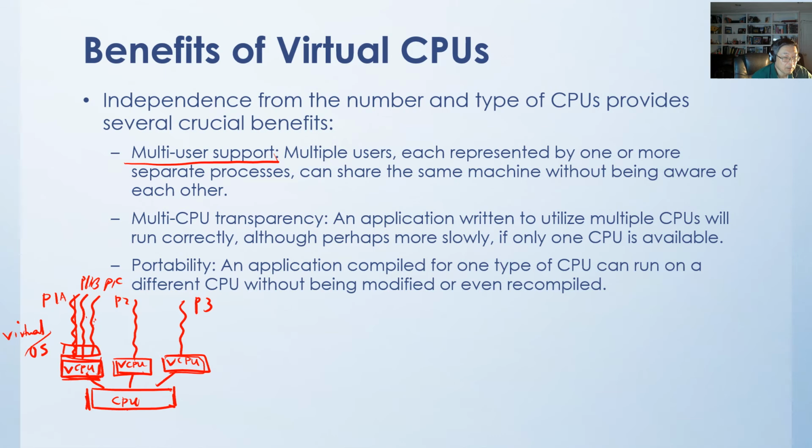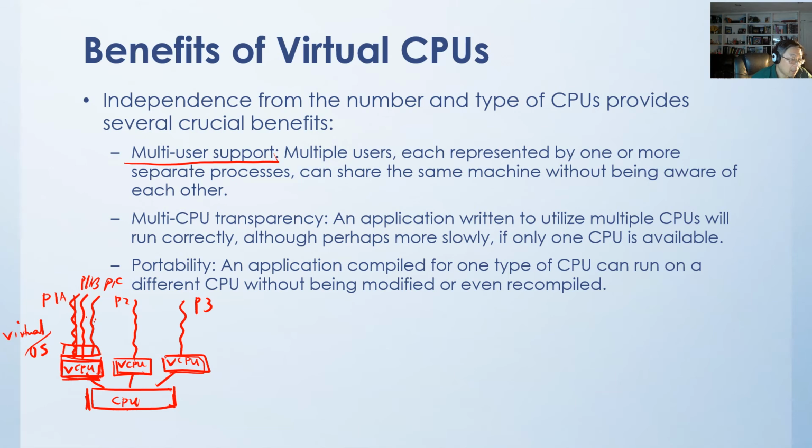If an application is written to utilize multiple CPUs, this application can also run correctly on multiple virtual CPUs, even if underneath there's only one CPU beneath these multiple virtual CPUs.